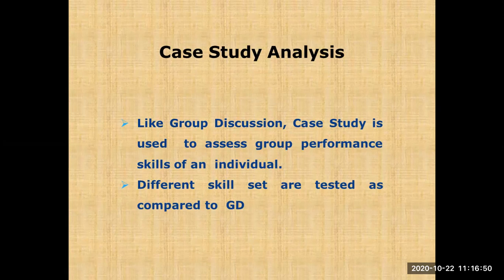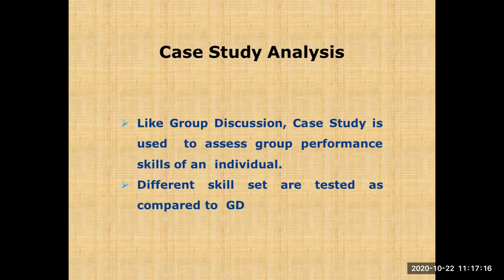Secondly, different skill sets are tested as compared to group discussion. In group discussion, it is just the discussion point, with no implementation or application of that point. Whereas under case study analysis, we have to analyze the options, apply an option, see the pros and cons, and do a feasibility study.